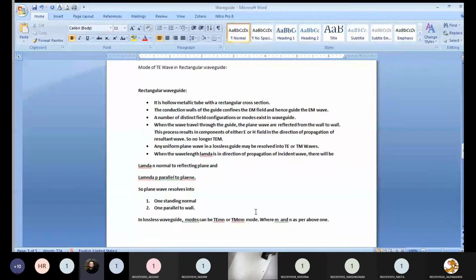There are mainly two components: one component normal to the reflecting plane, and one component parallel to the plane. So there will not be a single lambda, but a lambda n, which is normal to the reflecting plane, and a lambda p, which is parallel to that reflecting plane.